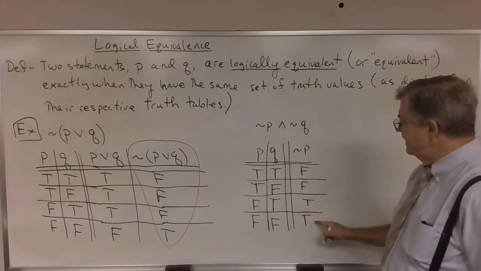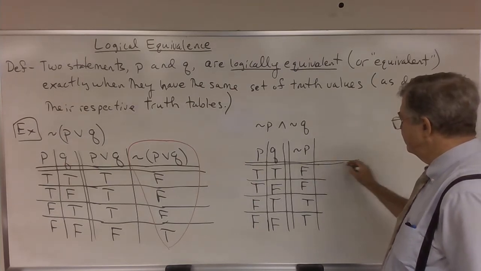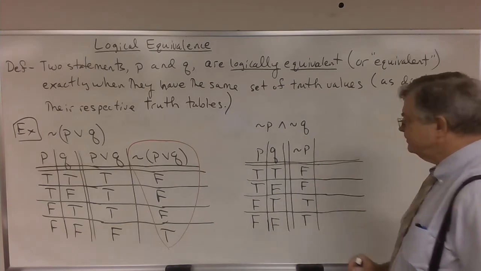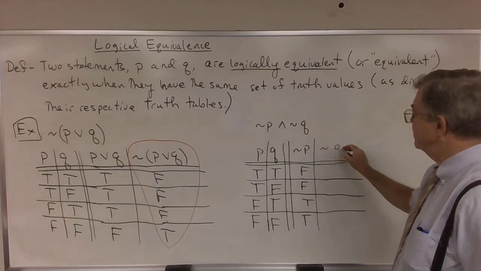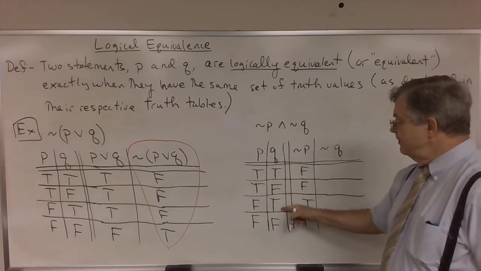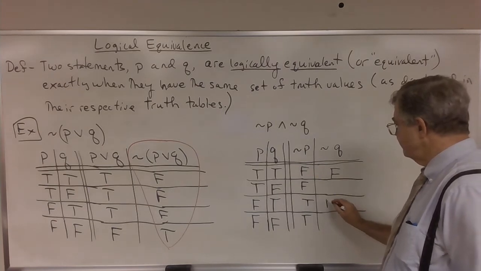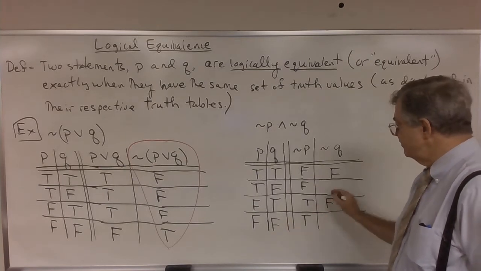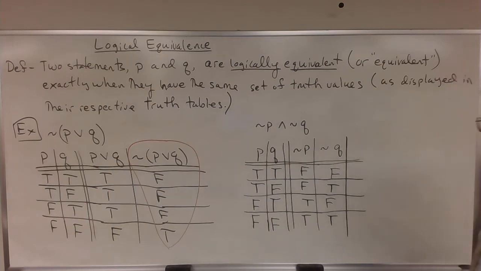So these are the truth values for not P. We also need truth values for not Q. So we look at the truth values for Q, and we change trues to falses, and we change falses to true. So there are the truth values for not Q.